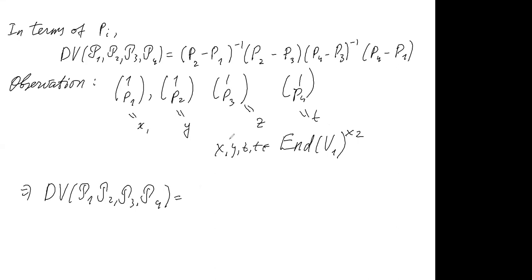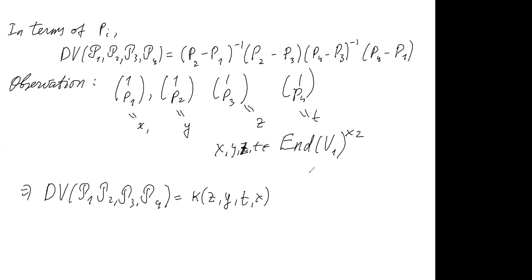It should be something like K, P3, P2, sorry, Z, Y, T, X, something like this. So it turns out that this relation already appeared a very long time ago. And now this expression has a very nice geometric interpretation.